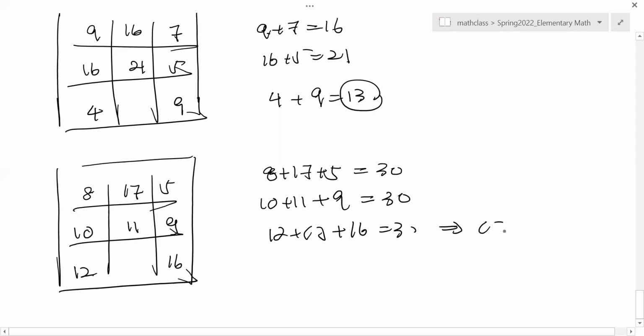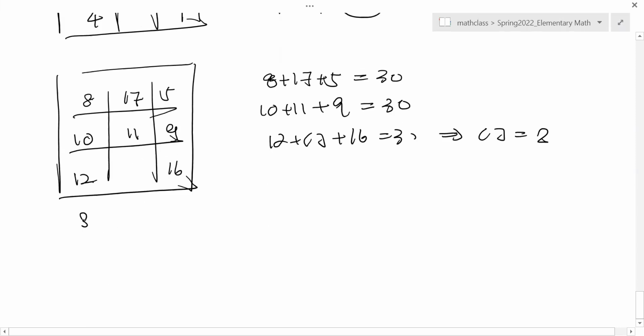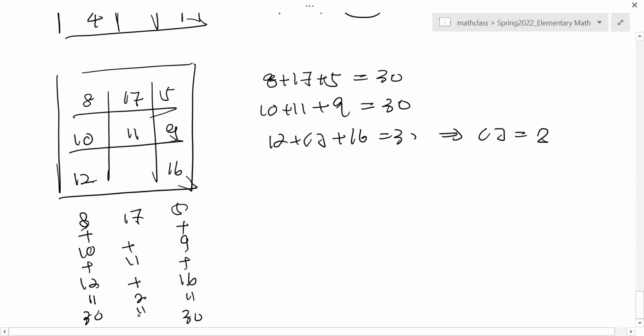Now you can also look at the column: 8 plus 10 plus 12 is going to be 30. So 5 plus 9 plus 16, 14 plus 16 is also 30. So 17 plus 11 plus 2 should be equal to 30.